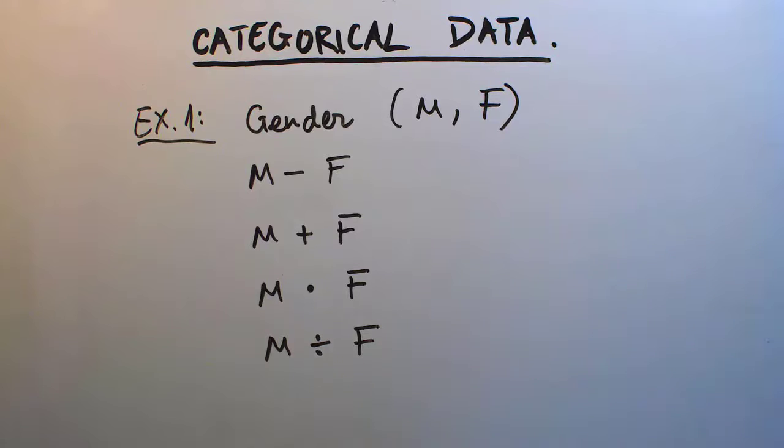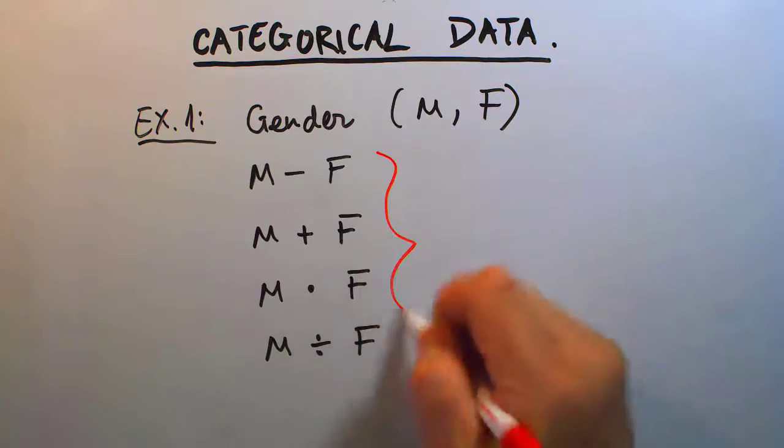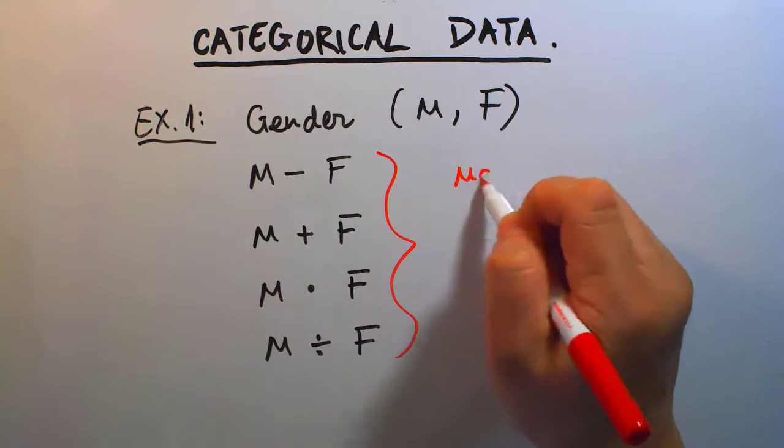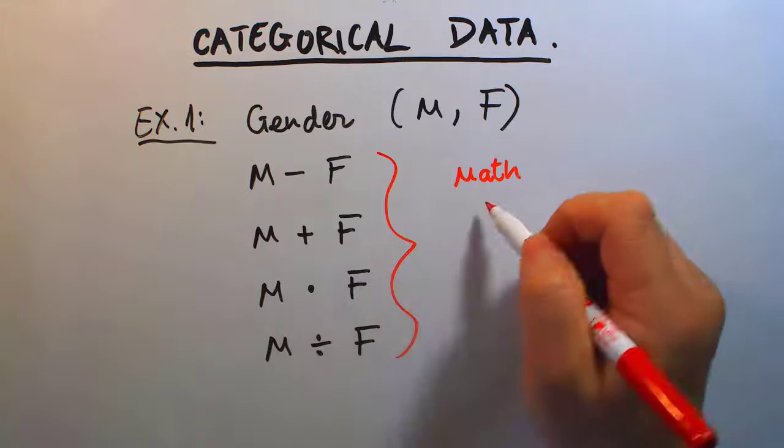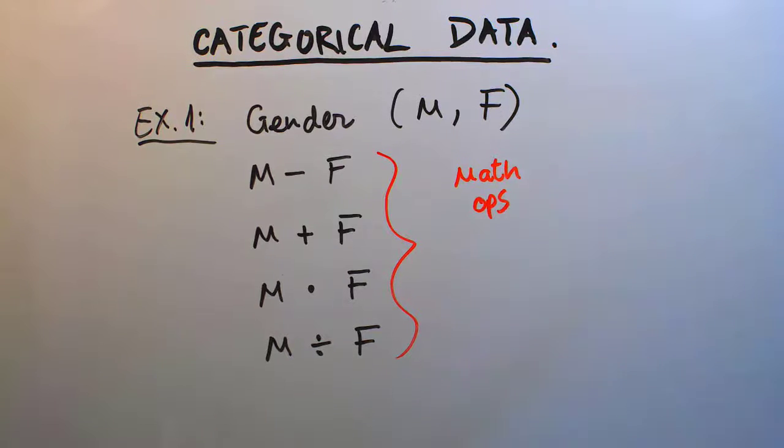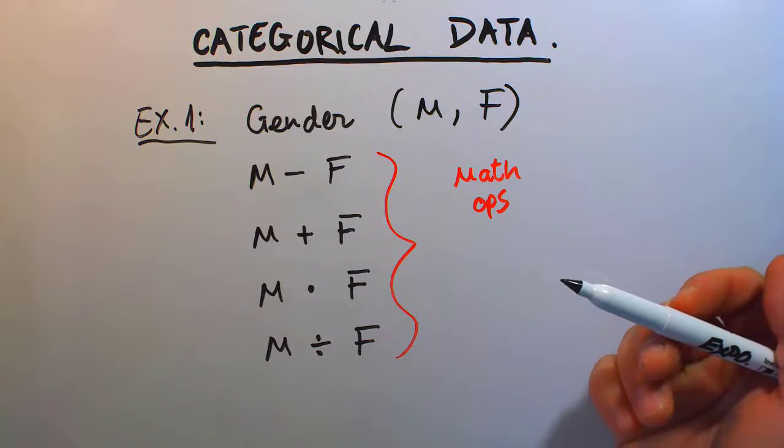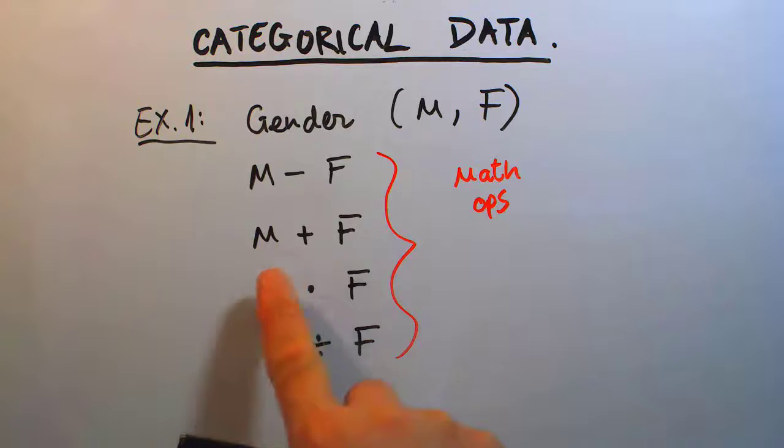In daily terms, we call all of this doing mathematical operations. So these are all the common mathematical operations. And when we attempt to do these on categorical data, the first thing we ask ourselves is, does any of these give us a meaningful outcome?